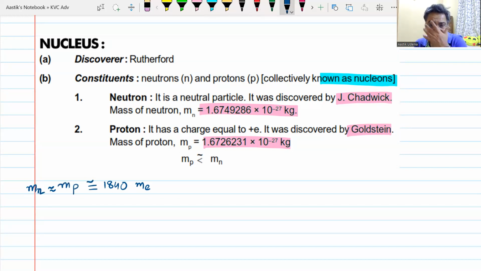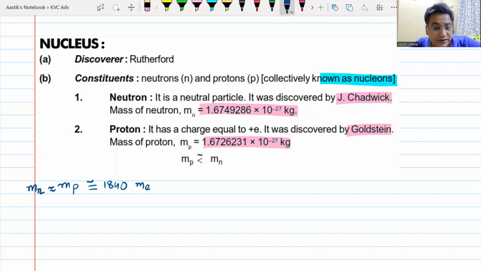In some cases, in the chapters before this one, we sometimes neglect the mass of an electron as compared to the mass of a proton. But in this chapter, we cannot do that. In this chapter, we are going to deal with nuclear physics. So if an electron comes up somewhere, we'll have to understand that this electron also has a mass. Do we understand this? Yes, sir.